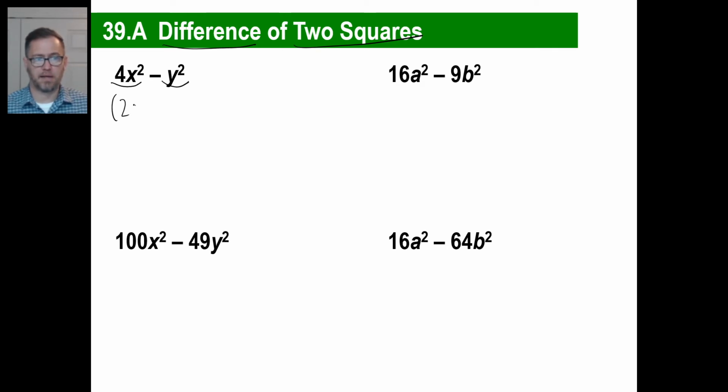So I've got a 2x, write it twice, and write a y twice. Then between one pair there's a plus, and between the other there's a minus. Remember the conjugate we did on the very first slide today? That's all you're doing. We're just recognizing that this is true. In other words, we're going backwards. A minute ago, we multiplied those conjugates together and noticed the middle terms cancel out.